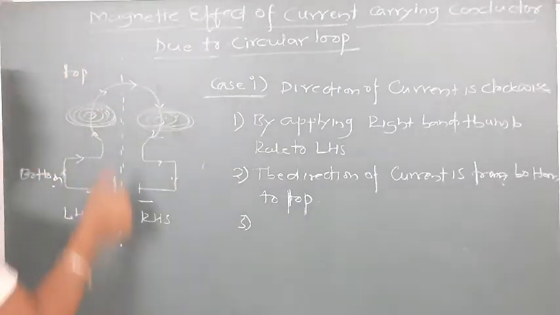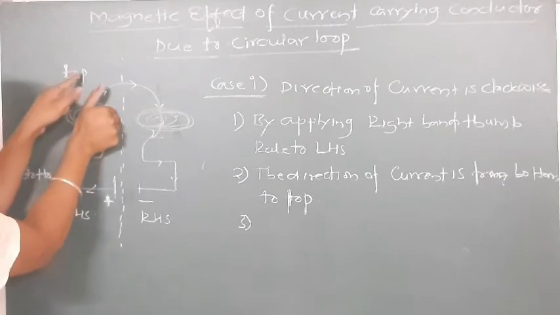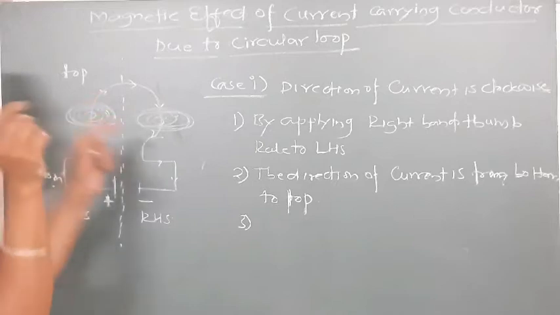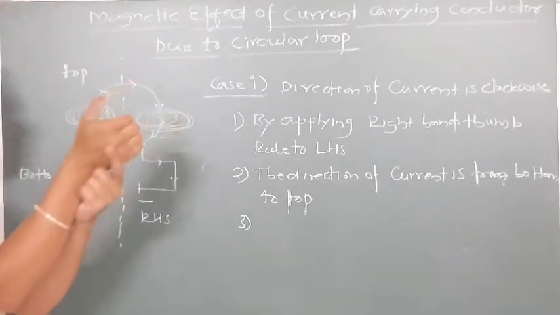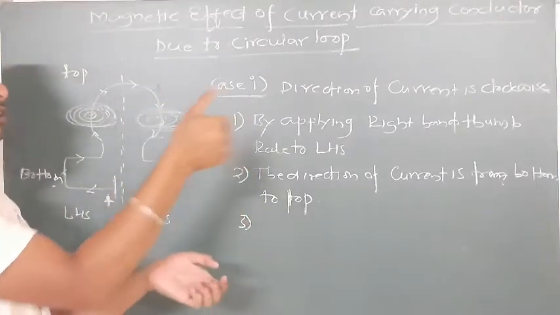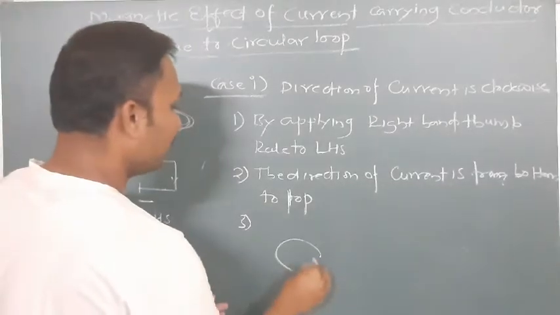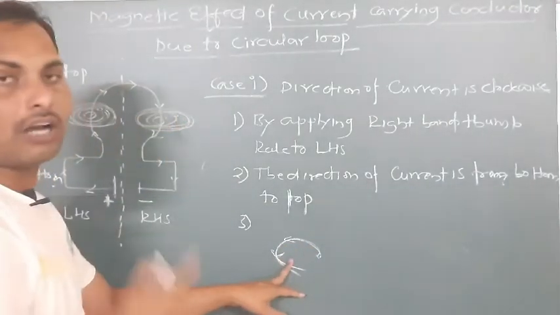Now this is my right hand, the direction of current is from bottom to top. This point we have written. Now for the direction of magnetic field, just see my curved fingers. This is the current and these are the curved fingers. These curved fingers are moving like this. So is it clockwise or anti-clockwise?